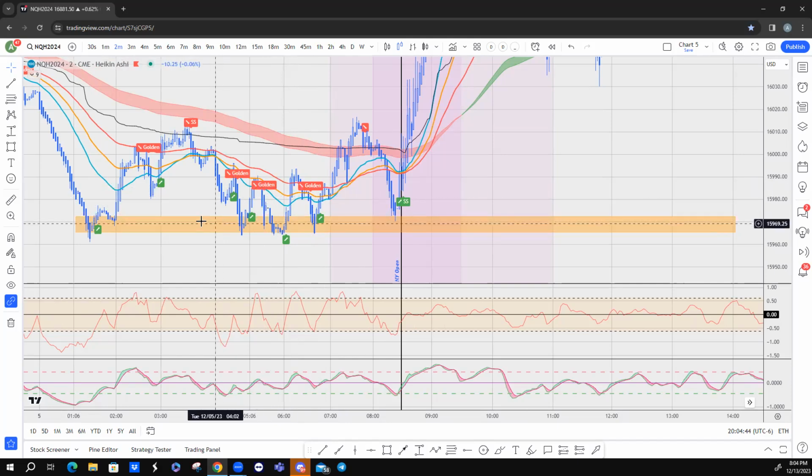If you're getting too close to a zone, especially if you're like this, maybe you can hold off on the trade. I'm on a 2-minute time frame. If you go to a 1-minute time frame, or if you have a premium plan, you can do 30 seconds or even lower time frames.